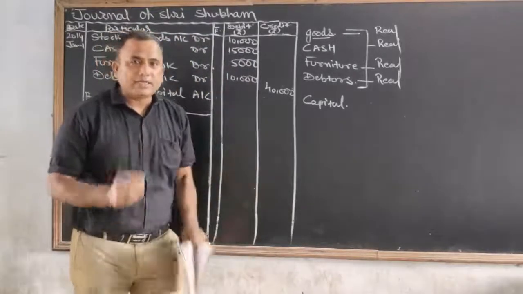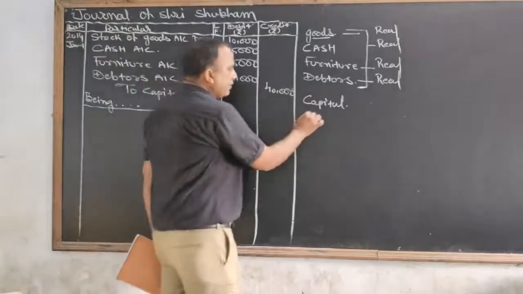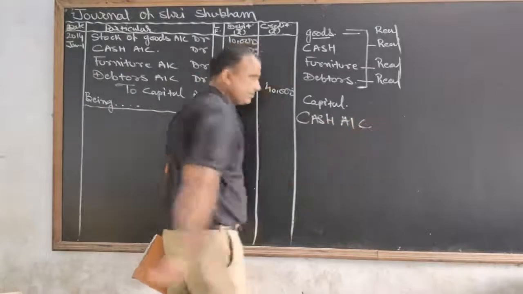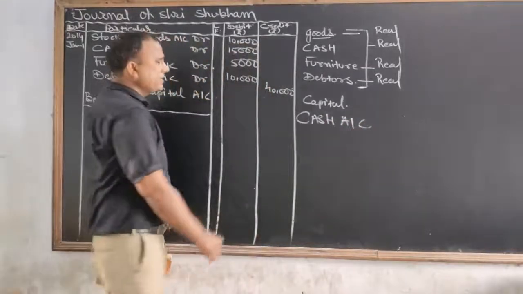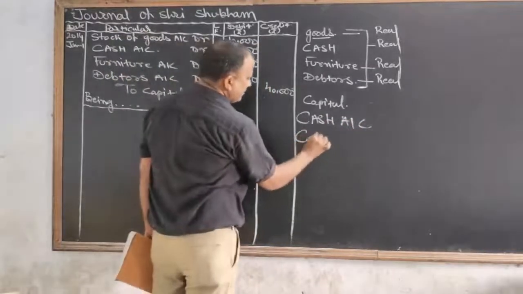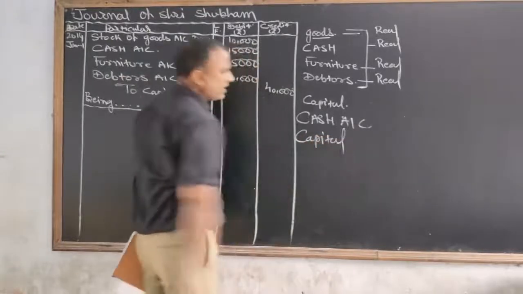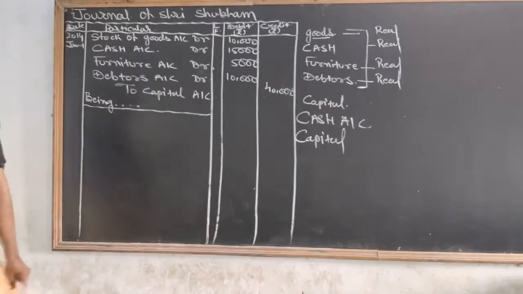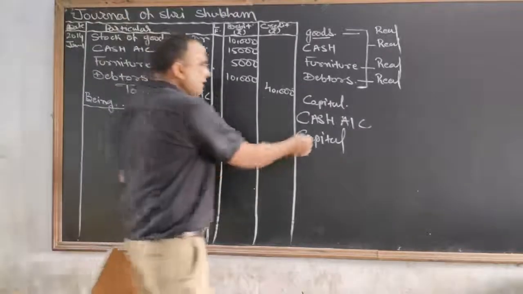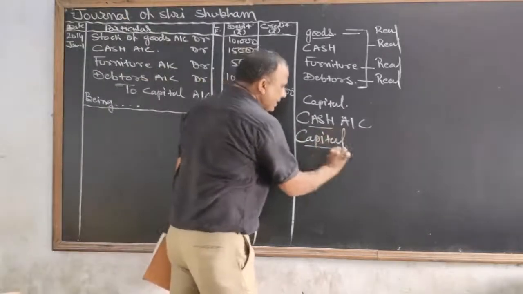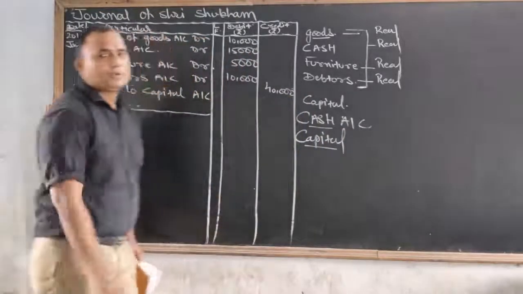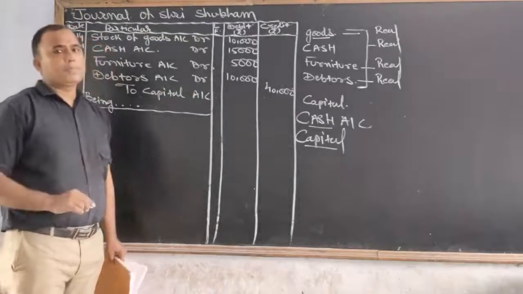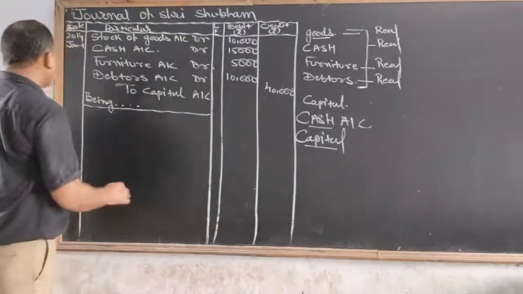So in this transaction, two accounts are affected. First one is the cash account and second one is the capital account. Cash is under the real and capital under the personal. So apply the rule of debit and credit for the real as well as for the personal. Debit what comes in.